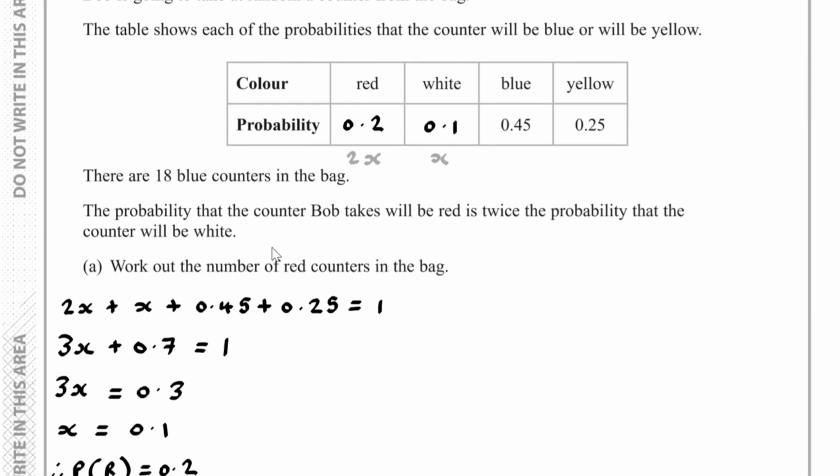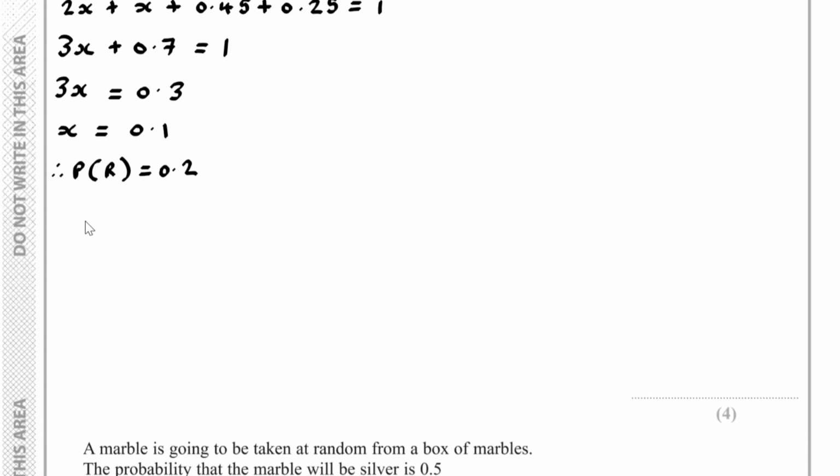So now what we need to do is work out the number of red counters in the bag. Well, we know that we've got 18 blue counters. So if we've got 18 counters, this is represented by a probability of 0.45. That's the probability of blue. So what we need to do is find out how many is represented by a probability of 0.2.